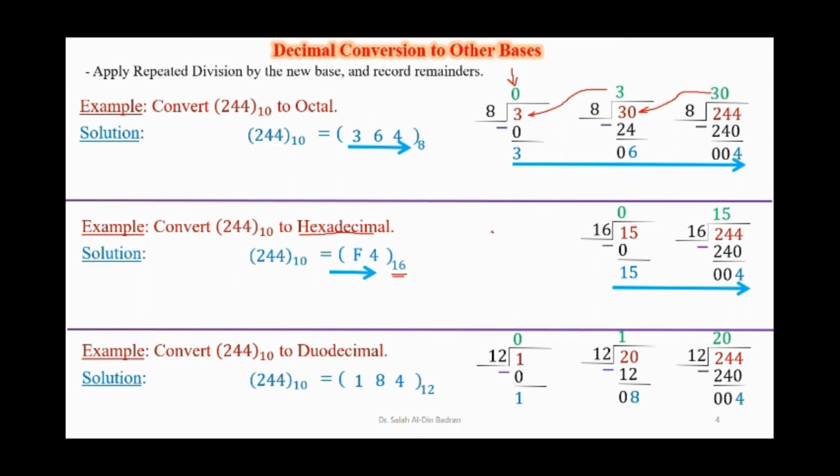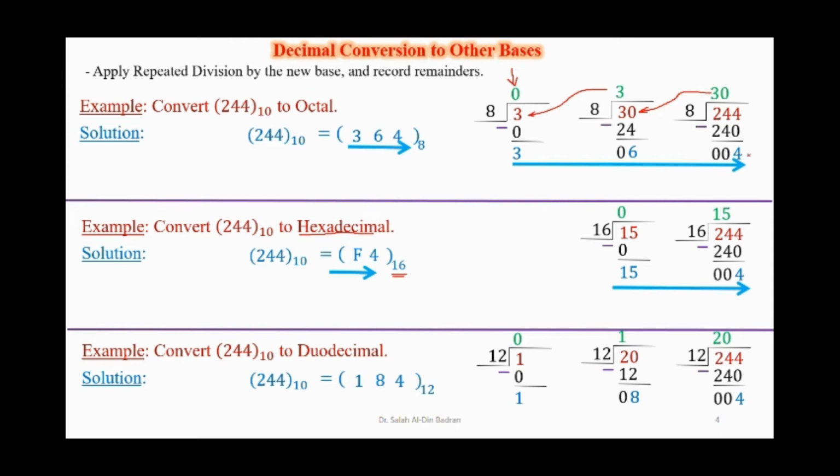The thing that you have to know is that all remainders should not exceed the set of the system that you are working on. For example, here we want to convert into octal, so you should not get any number that exceeds 7, because this is octal.